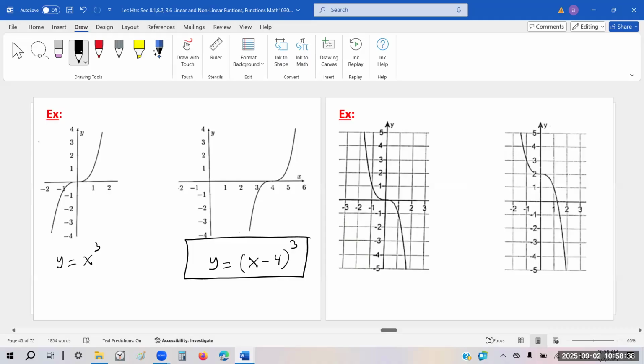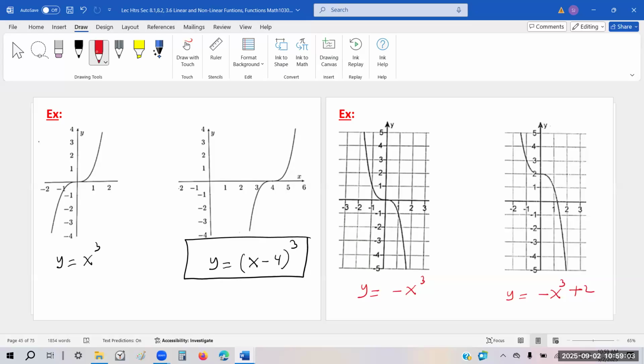Another interesting one, the last one. Good job. I was testing you guys with that. Negative x cubed plus 2. So if you look at this original and that original, they are a reflection of one another.